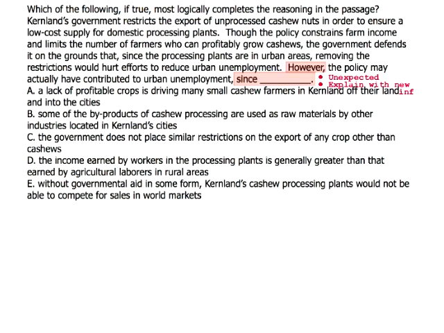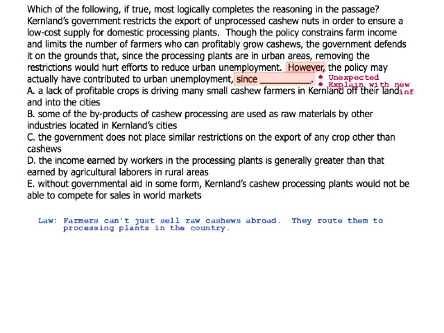Because the law says farmers can't just sell raw cashews abroad, they route them to processing plants within their country. Obviously anything that reduces their market is going to be bad for them. So this policy is bad for farmers.